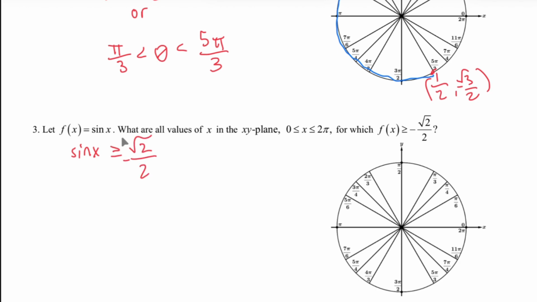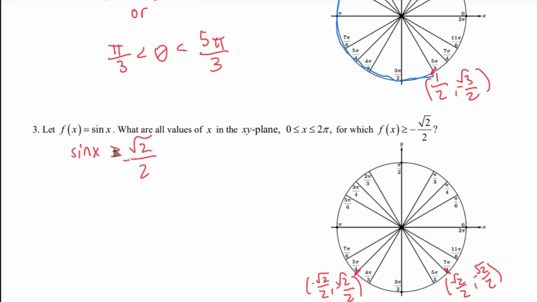So where on the unit circle is square root of 2 over 2 and it's negative? I know square root of 2 over 2 is pi over 4, but sine is negative on quadrant 3 and quadrant 4. So it would be here and here. I'm going to write the coordinates there. So we can see it's negative square root of 2 over 2.